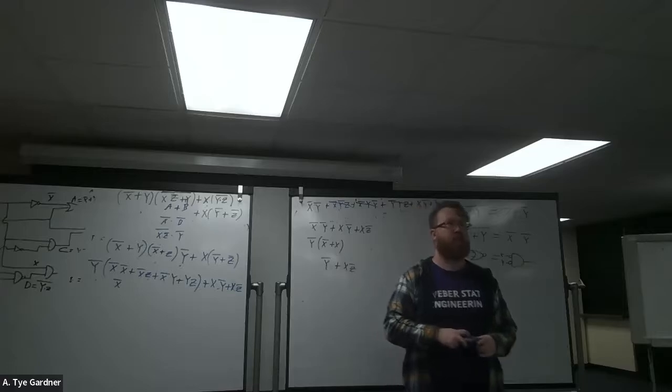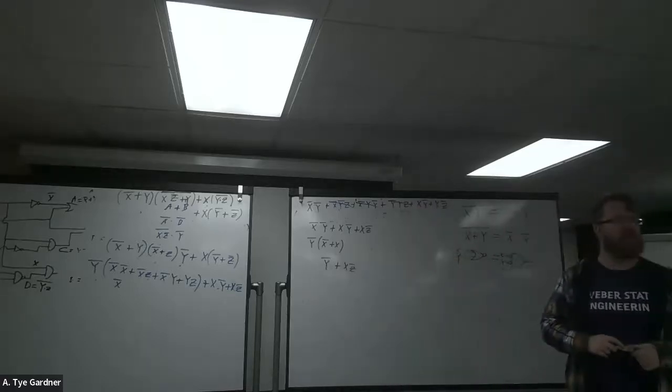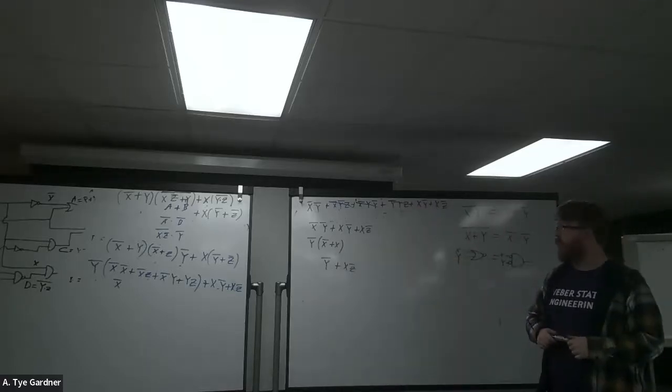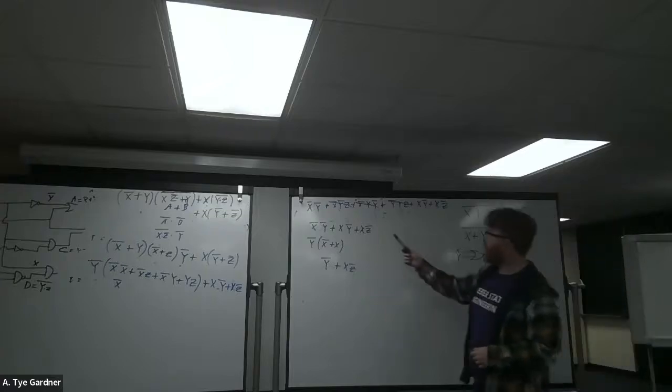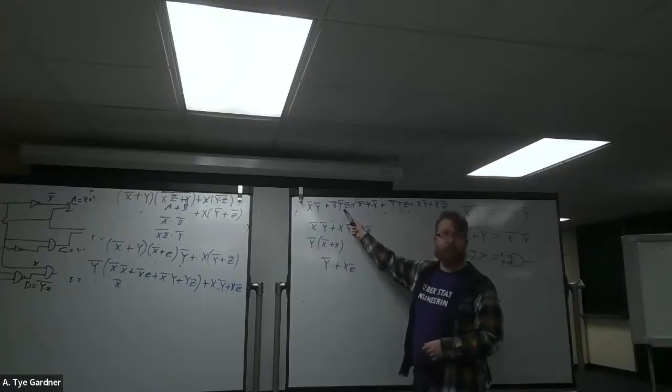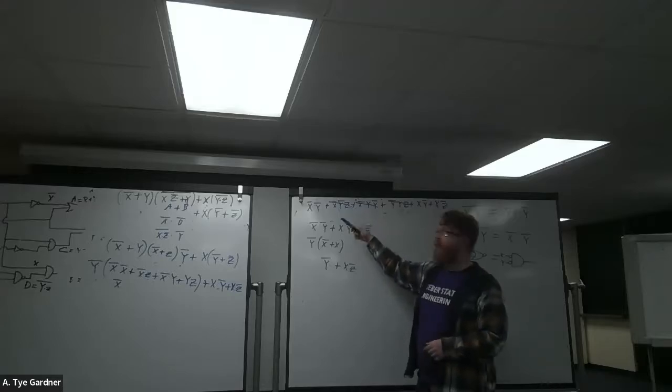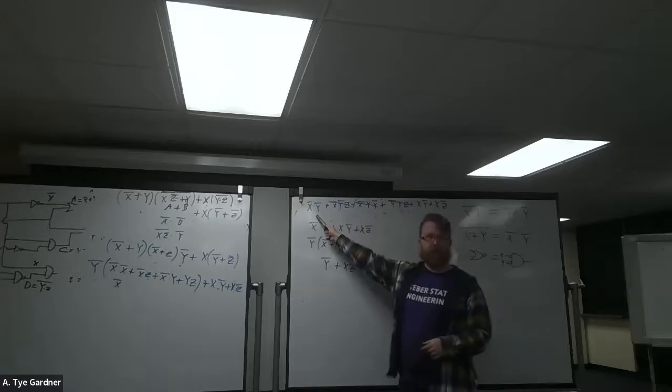Yeah. So when you have, at the very first one, you have not X, not Y, plus not X, not Y, Z. So if you cancel out that second one, it just cancels the whole thing out, because the Z doesn't matter, right? Is that what you're saying? Yes, exactly. Because this term is redundant to that term.